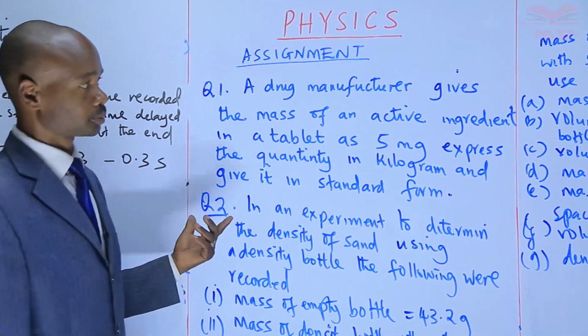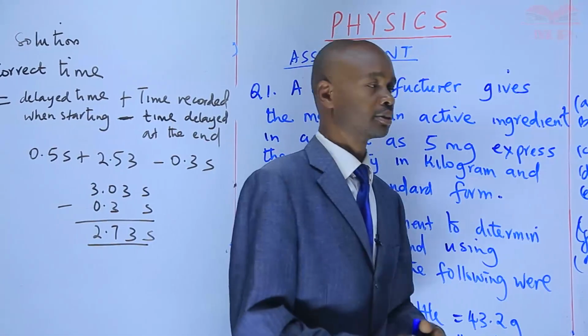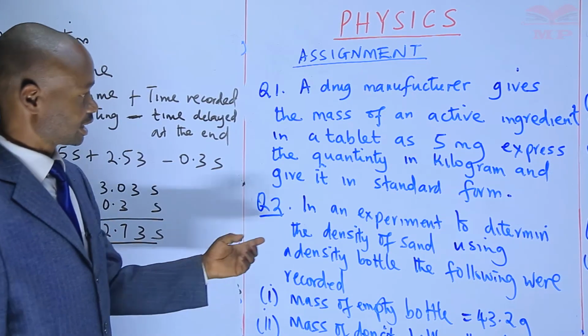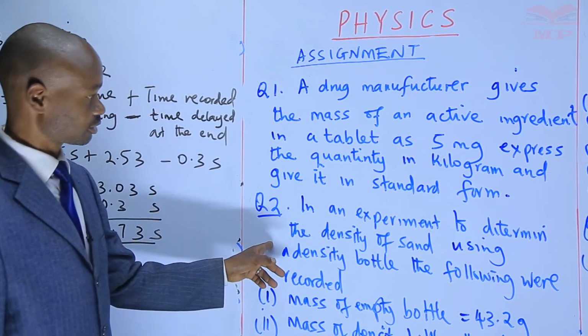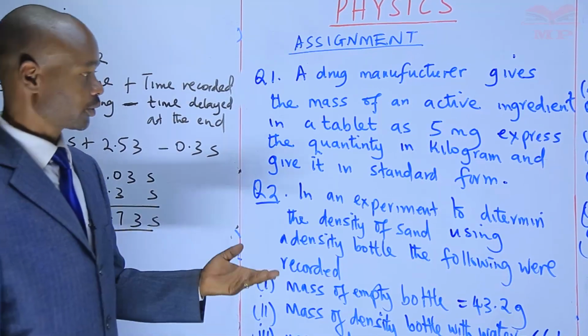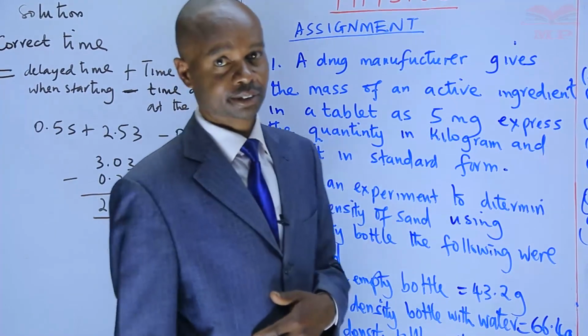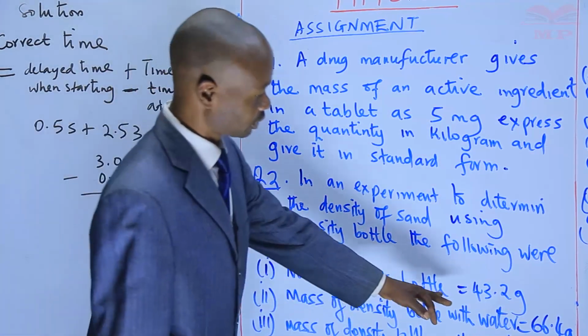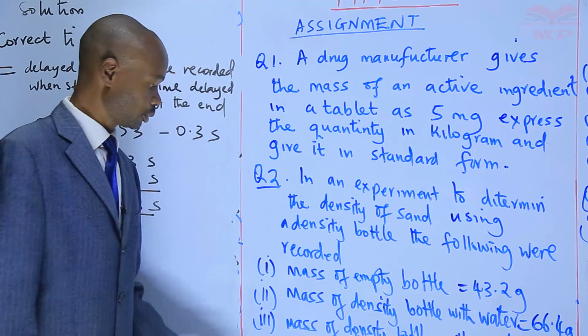Question number 2. Quite long, but trying to build a concept there. In an experiment to determine the density of sand using a density bottle, the following were recorded. Mass of the empty bottle, 43.2.